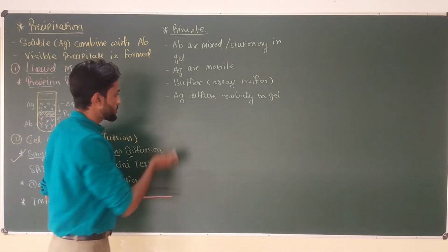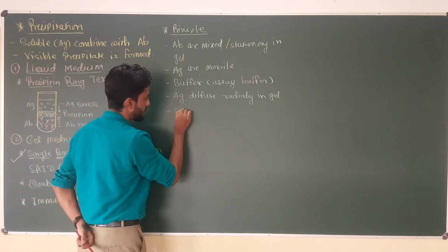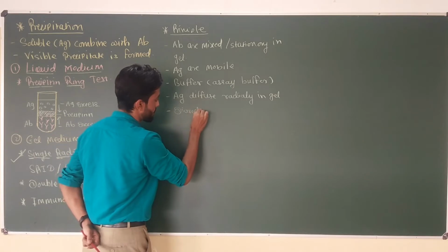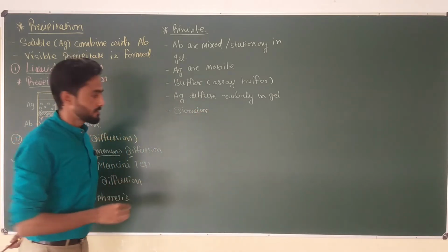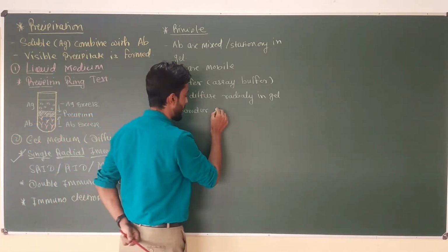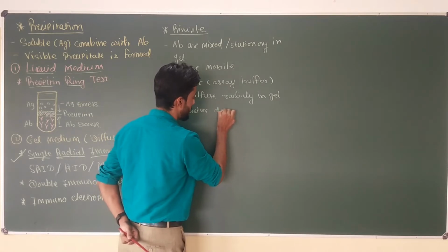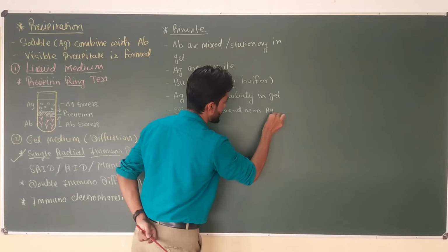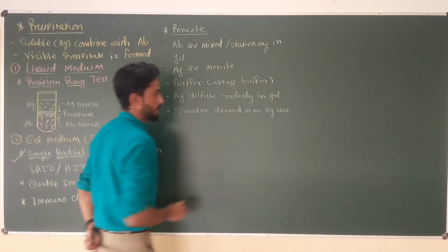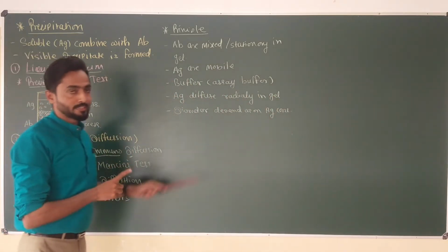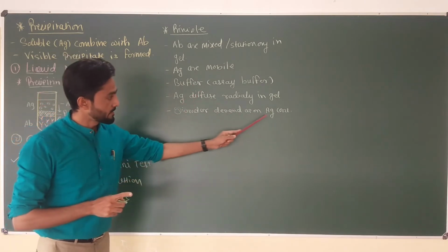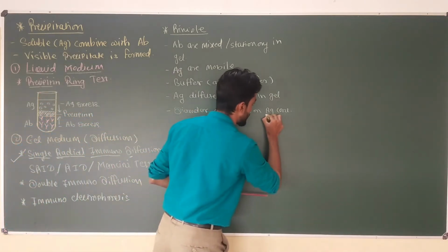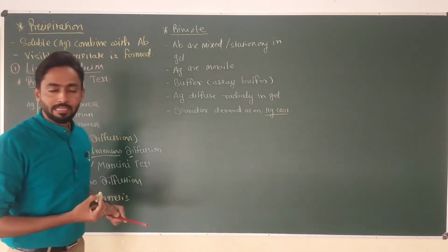The diameter of the precipitation ring is directly proportional, or directly depends upon, antigen concentration. Okay, so by using single radial immunodiffusion, you can easily find out the concentration of antigen in the sample.